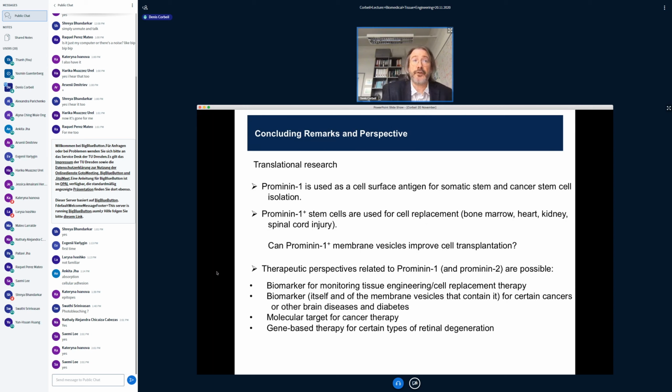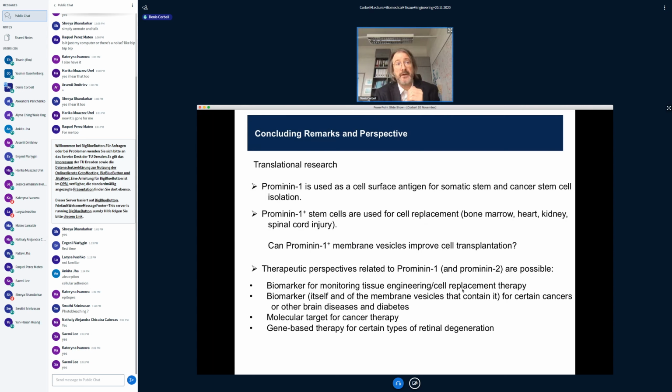And we can have other therapeutic perspectives related to prominin-1 and prominin-2. I did not mention too much because we know very little about prominin-2. We can use it as a biomarker to monitor tissue engineering and cell replacement. If your tissue is not working any longer, like the kidney you replace, then you will expect that if everything goes well, the new kidney that you get after transplantation will start to release these vesicles, and you can find them in the urine.